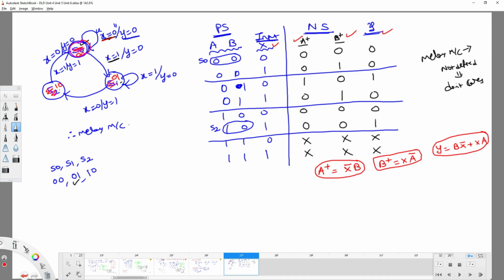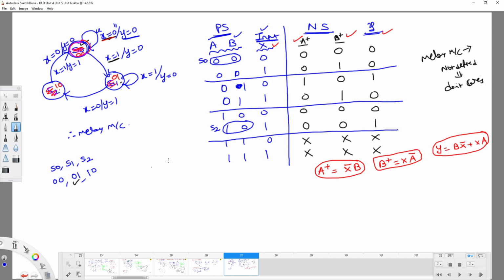So once you know the values of A plus, B plus and Y, you can draw the circuit diagram now, right? Let me try to construct it. So inputs are the present states and the inputs you have to consider.